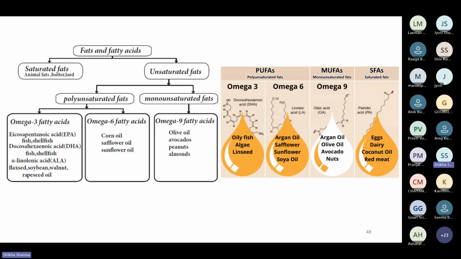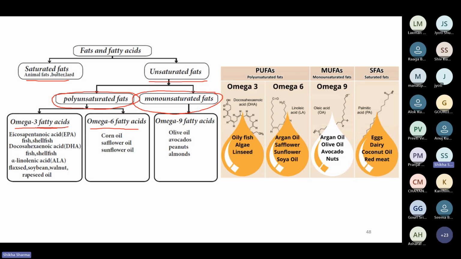We know that fats and fatty acids can be classified as saturated fats, mainly animal fats like butter and lard, and unsaturated fats, which are mainly oils. Unsaturated fats can be PUFA, polyunsaturated fatty acids, and MUFA, monounsaturated fatty acids. In polyunsaturated fatty acids we have omega-3 and omega-6 categories.